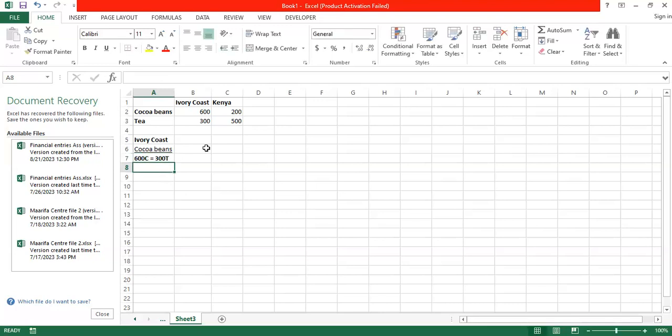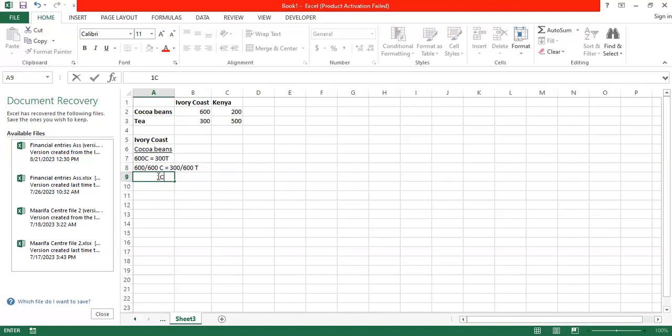That's the autarky prices. But now we need this in terms of ones, right? We want to know how much 1 ton of cocoa beans is worth in terms of T. That would make sense. So how do we go about that then? Let's divide both sides by 600. If we divide both sides by 600, 600 divided by 600 would give us 1 there.